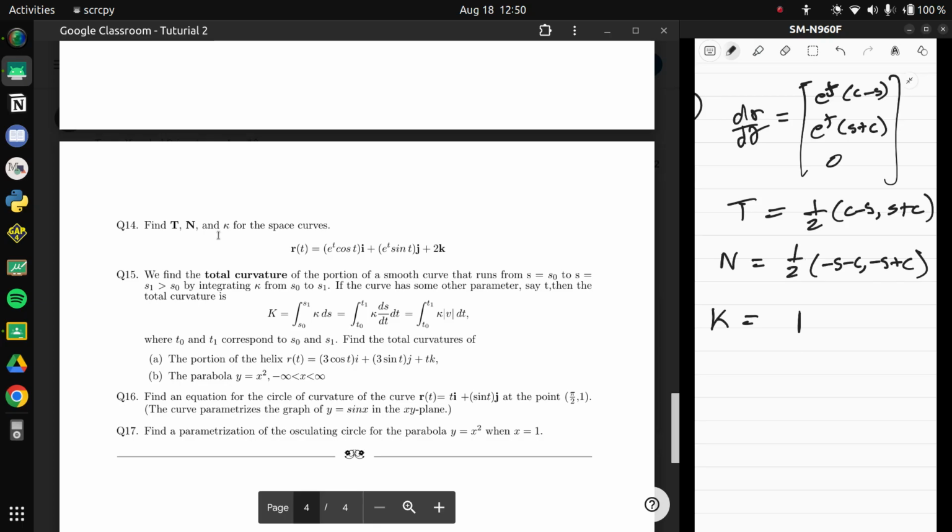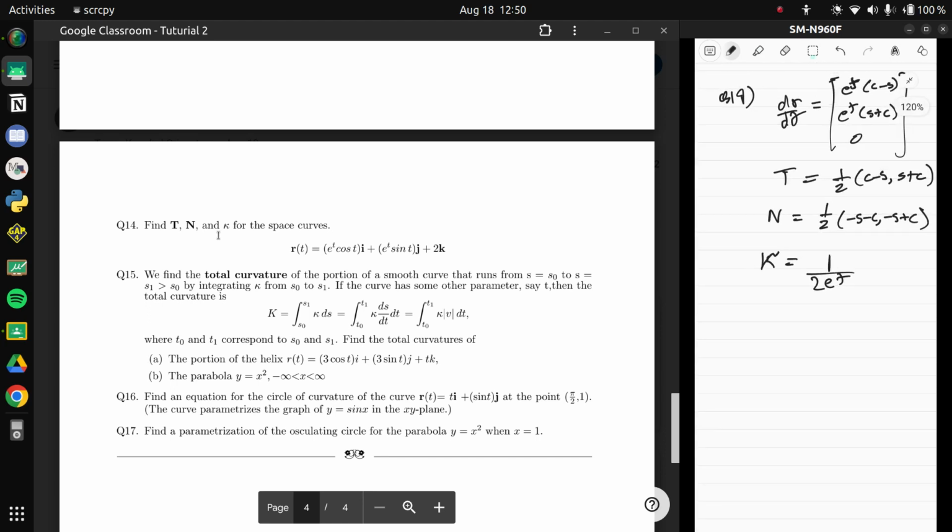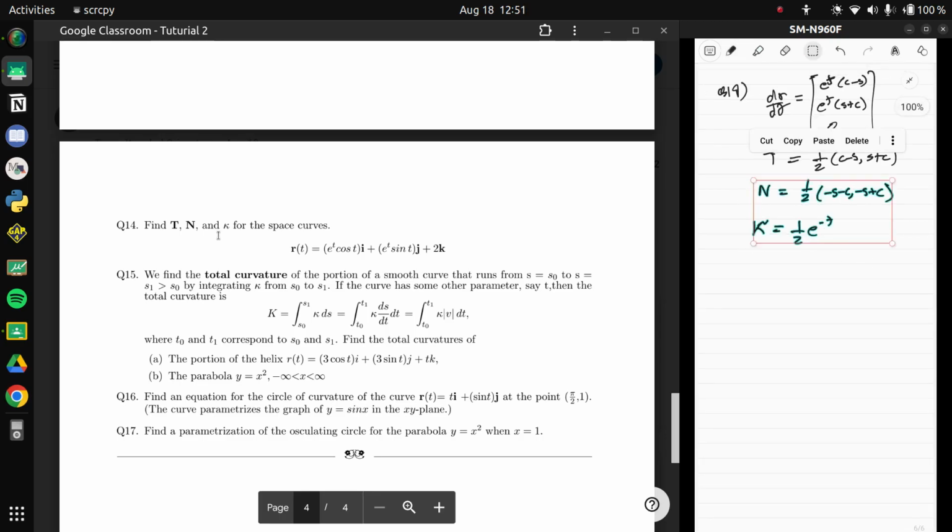So the norm would just be 1 for dT upon dt, and that's why I'm going to keep it like that. That upon the norm of dr upon dt, which just happens to be 2e power t. Cool. So that's our kappa. That gives us everything, I guess. So it's just 1 by 2 e power negative t. Cool. Next question.